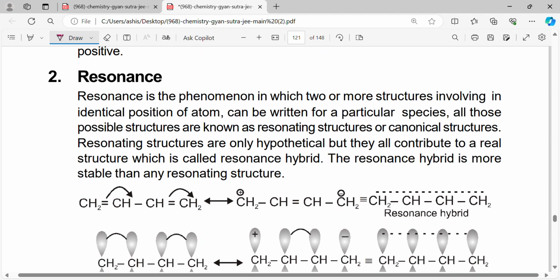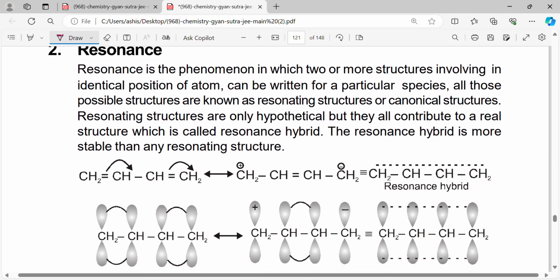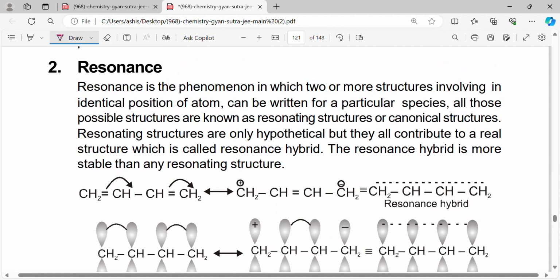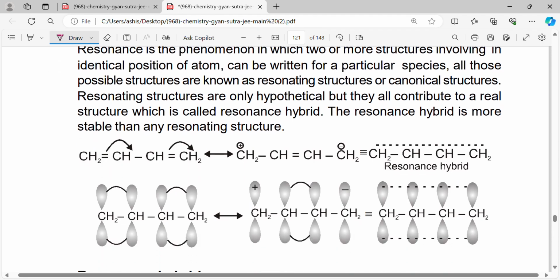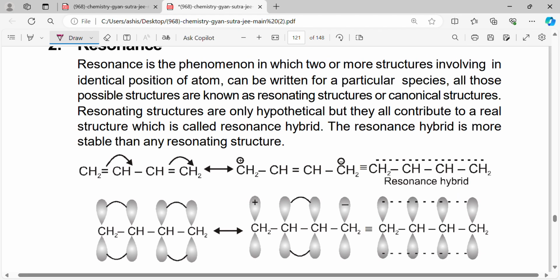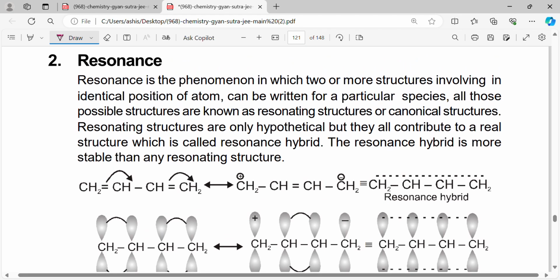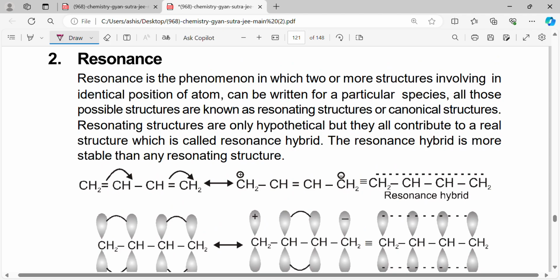Resonance. Resonance is a phenomenon in which two or more structures involve identical positions of atoms, meaning the position of atoms should not be disturbed. Only delocalization of pi bonds as well as delocalization of positive or negative charge or lone pair may occur, but the basic skeleton of the compound should be similar.